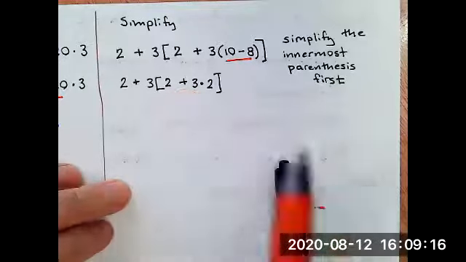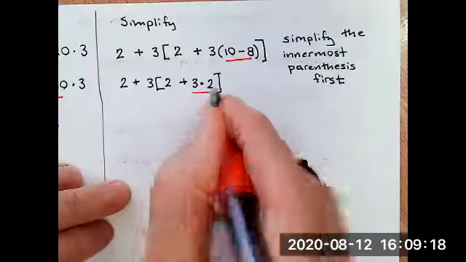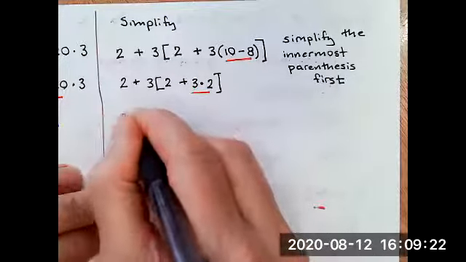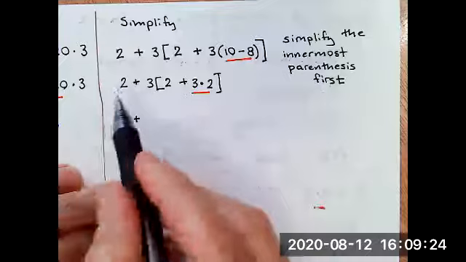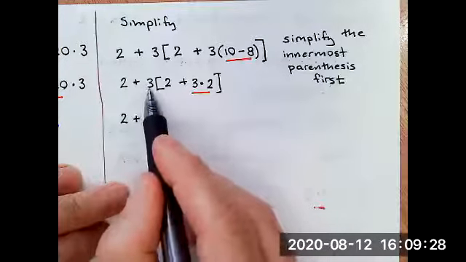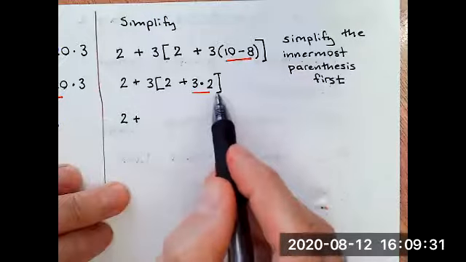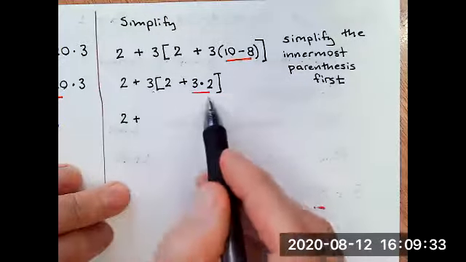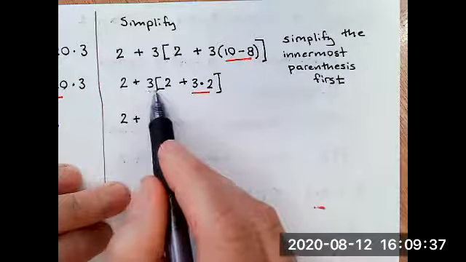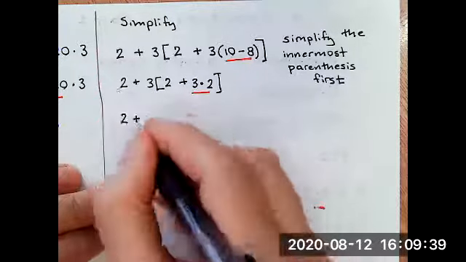We're going to multiply before we add. And you might be tempted to do this 2 plus 3 first, but you'll notice it's 3 times the result of all of this. So you have to finish everything inside of these parentheses, then multiply by 3, and then add 2.